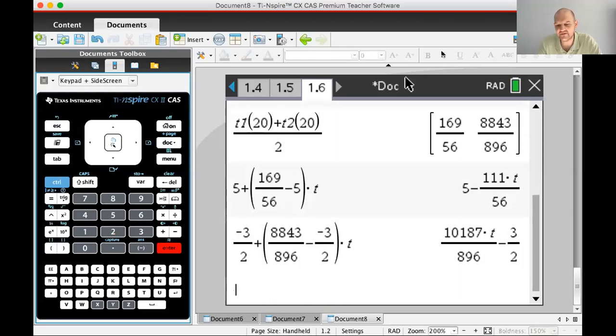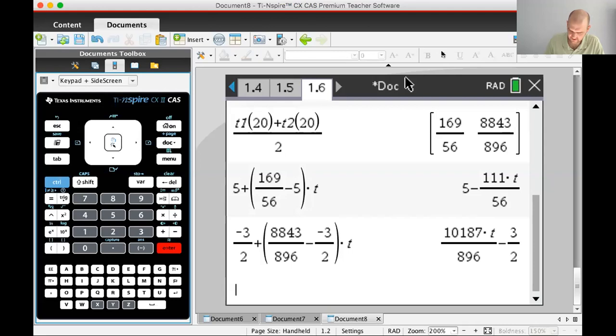So I think that these are going to be the equations that we get. So why do I think that I can do it a different way that's going to be significantly easier? I don't really know. Let me write these down and just see. 111t over 56, and then -3/2 plus 10187 over 896 t.